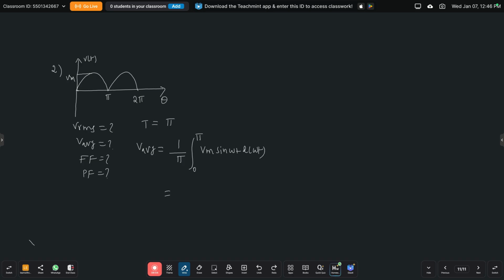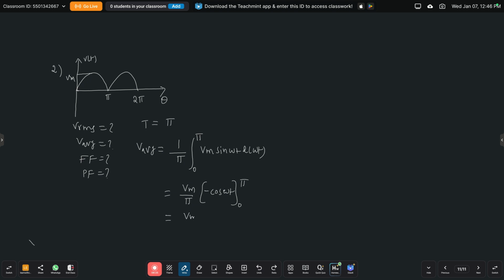Which is equal to Vm by pi. The integration of sine omega t is minus cos omega t, and we apply the limits.